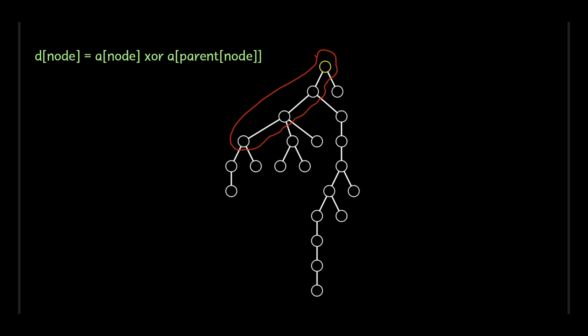In case you are not convinced, let me show you why this definition does not work. Consider this node and this node and this node. You will see that after doing the flip, this D of node, the formula for this node will be affected. This node will also be affected because a lot of parents for a particular node is changing on a downward path. So that's why of course this formula will not work.